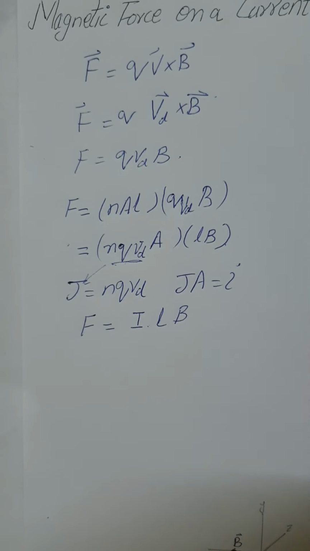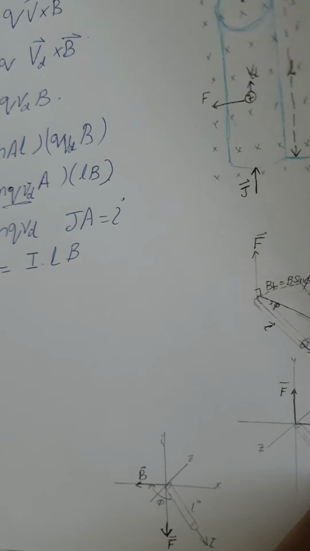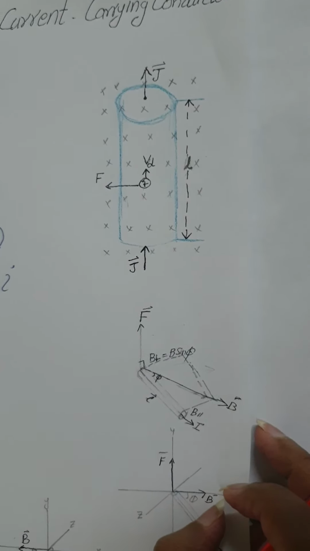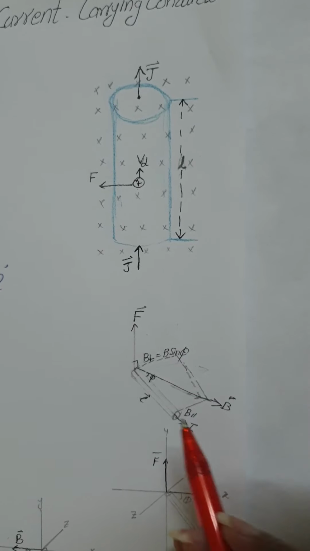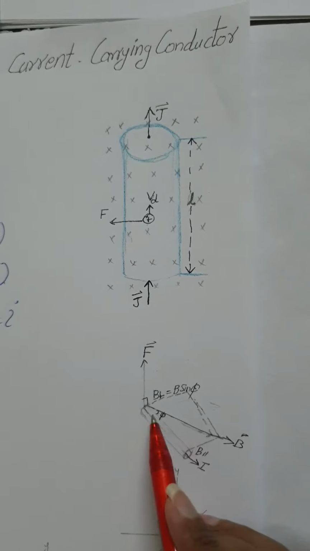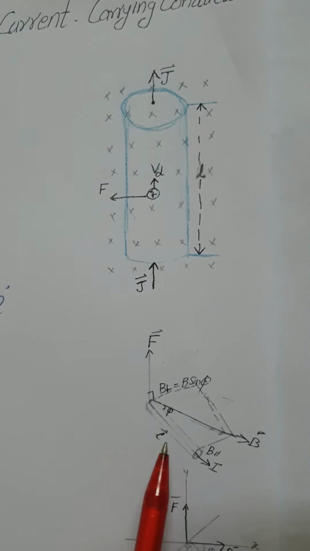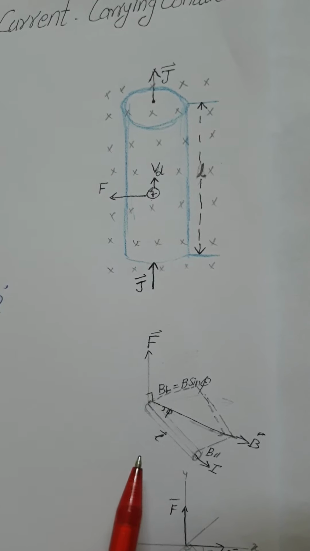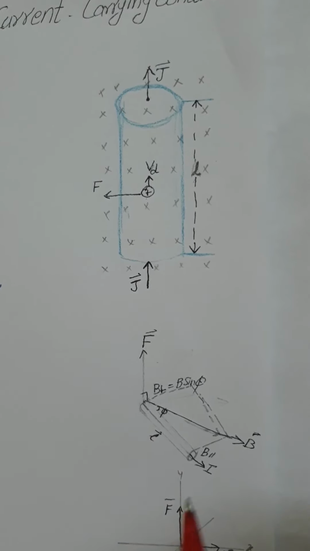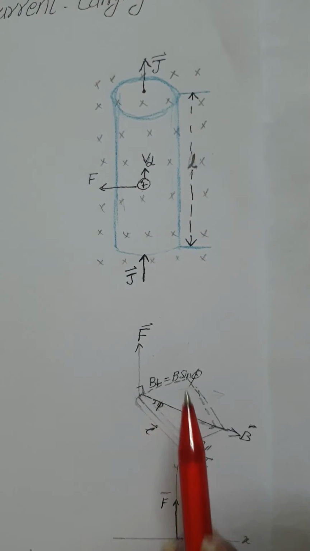Now if the field is not perpendicular to the wire and makes an angle phi with it, what we will do in this situation is that only the component of B perpendicular to the wire will exert a force, and this is B perpendicular equal to B sine phi.